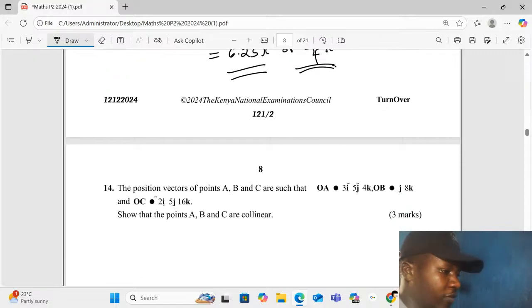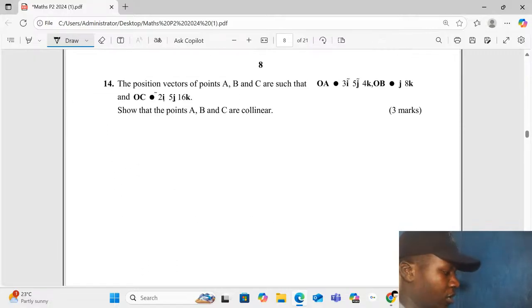Then we move to question number 14. The position vectors of points A, B, and C are such that OA is equal to 3i minus 5j minus 4k.